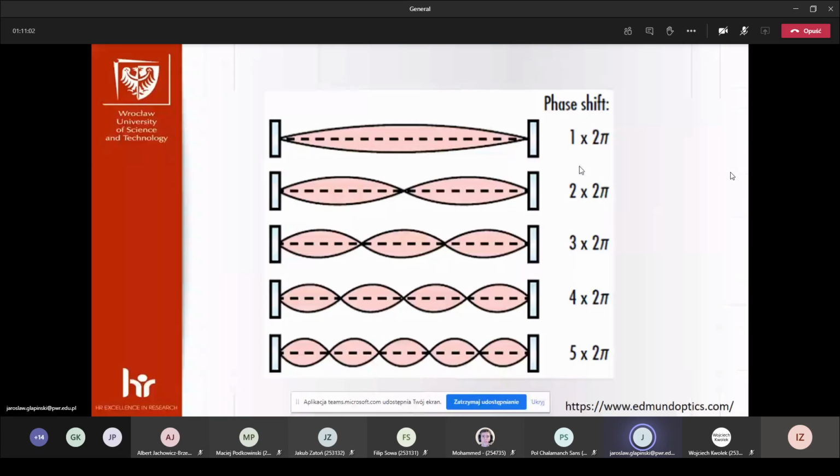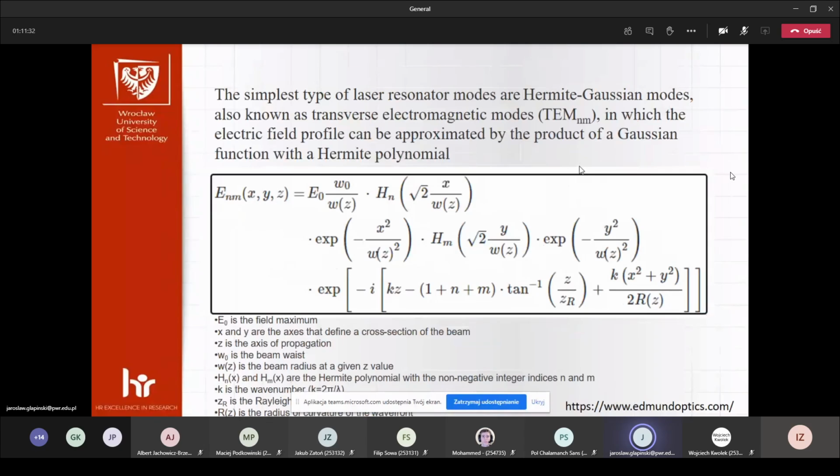In the example, we could see that the 1 millimeter distance between the mirrors gives us a lot of different frequencies, because the frequencies that could be multiplied in this situation are in the 150 gigahertz range, as I remember. So we can have different frequencies going from the laser.